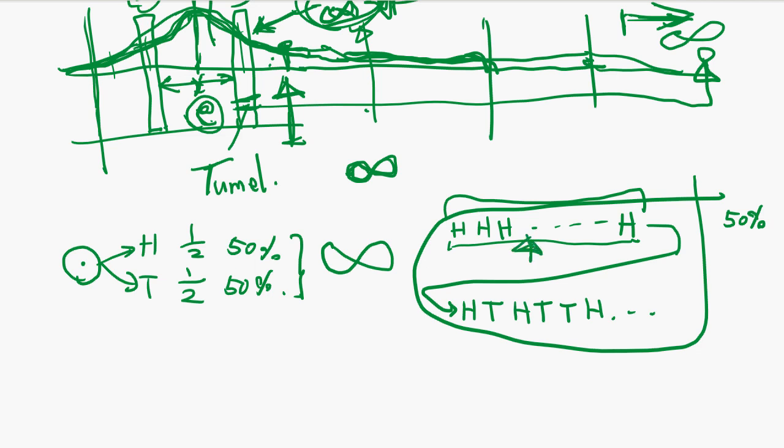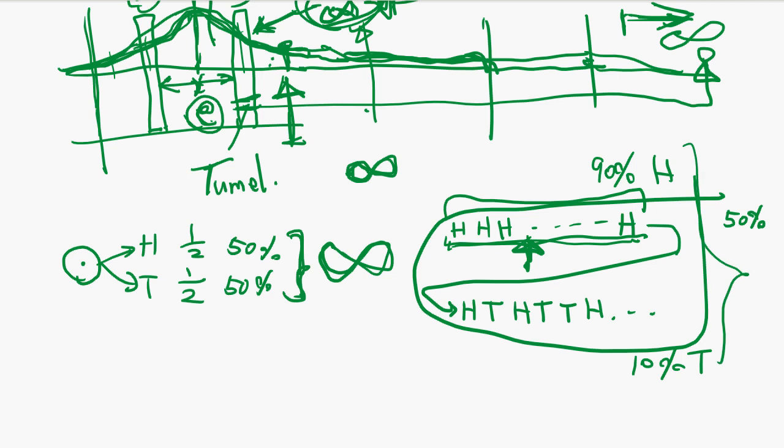So what you are saying is, if you do this infinite times, it becomes 50-50. But before you reach infinite times, it could be 90% heads and 10% tails, and suddenly someday it changes. And if you keep flipping, it goes to 50%, but then shifts again to 90% tails and 10% heads. You never know.